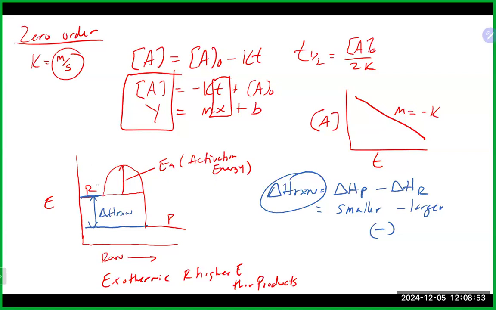Remember that as you go towards the top here, we are breaking bonds, and we are also making bonds till we get to the top there, which is the top of the heap, and that is what is referred to as the transition state. And remember that there's a transition state complex, sometimes referred to as the activated complex.